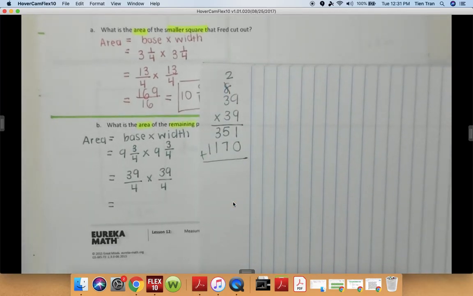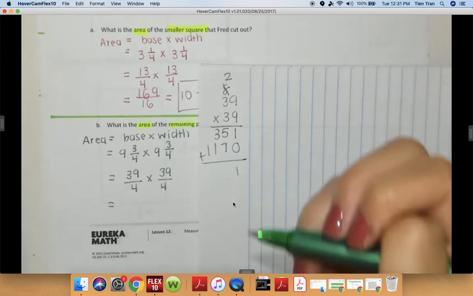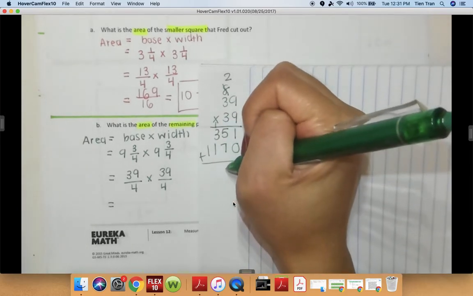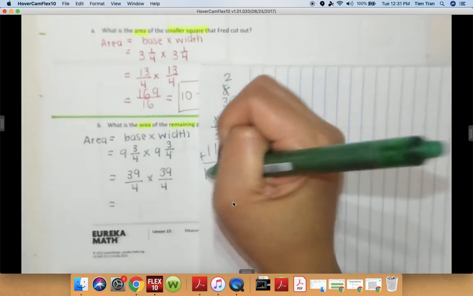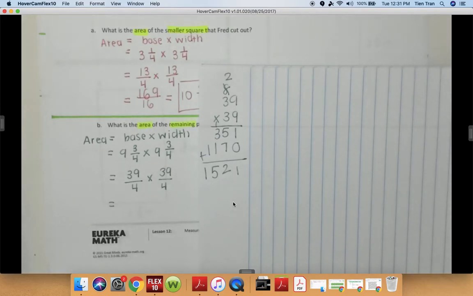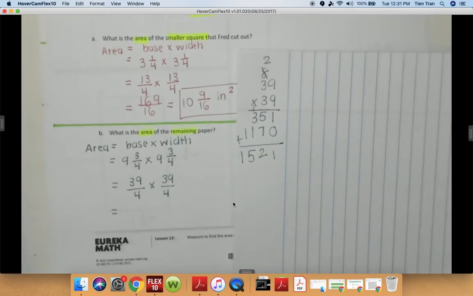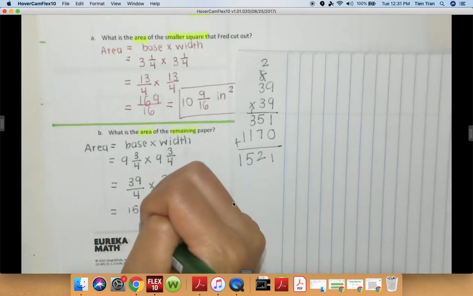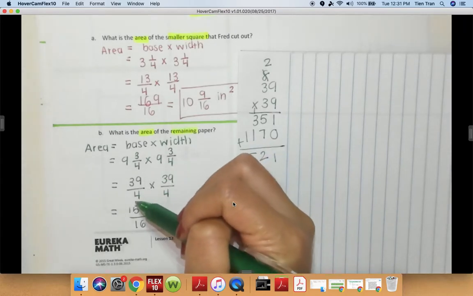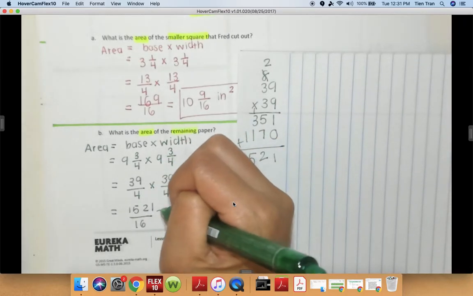So 1 plus 0 is equal to 1. 7 plus 5 is equal to 12. 3 plus 1 is 4, plus 1 again is 5. Bring down my 1. So I get 1,521 as my final answer. So I'm going to write that down right here, 1,521. And I am dividing it over 16 because 4 times 4 is equal to 16.